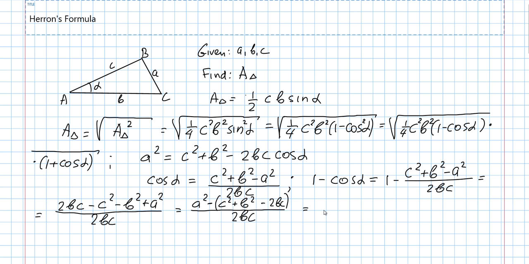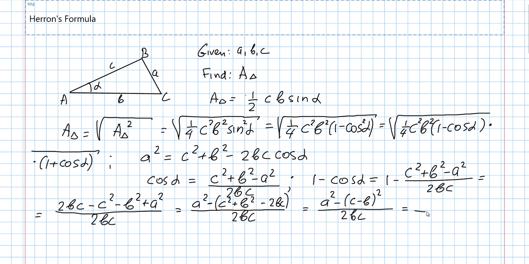So now in the numerator I have a square minus, in the parentheses, the square of the difference, so it will be (c minus b) square over 2bc.